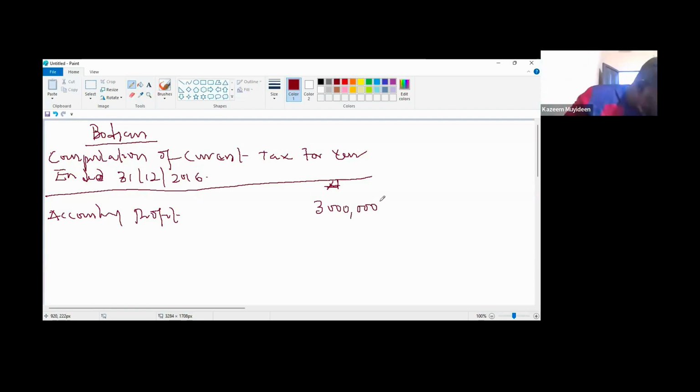The first one, depreciation. Depreciation on non-current assets. What is depreciation on non-current assets? 200,000, I will add back.